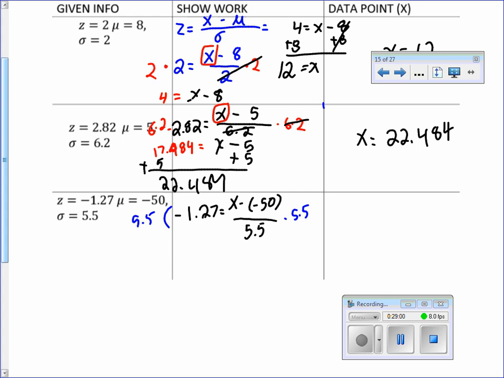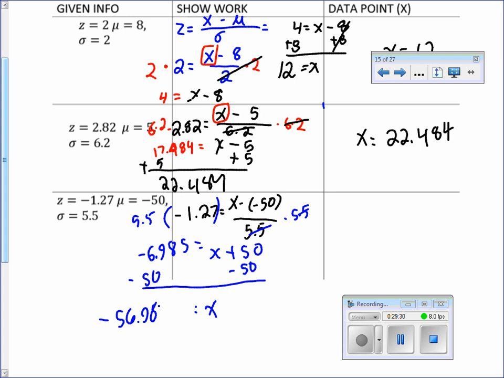I want to use parentheses when there's a negative number. 5.5 times negative 1.27, and I get negative 6.985 equals, these cancel, x plus 50. Subtract 50 from both sides, and I get x equals negative 56.985 as my data point.